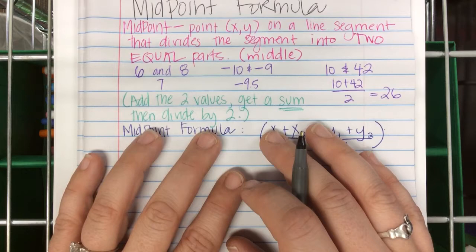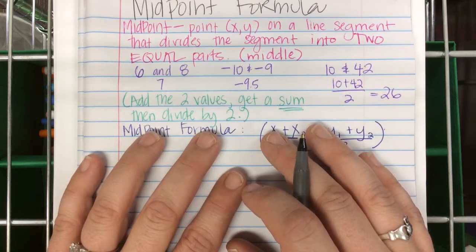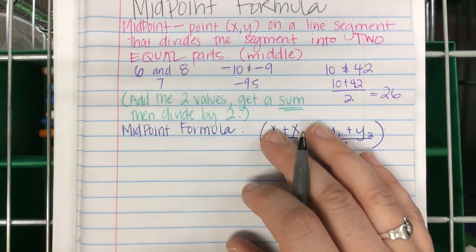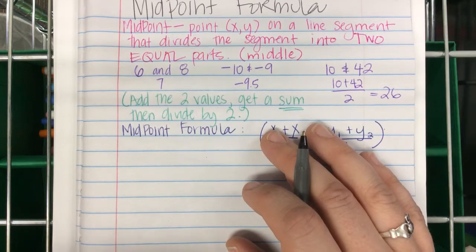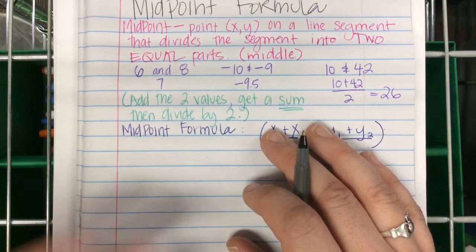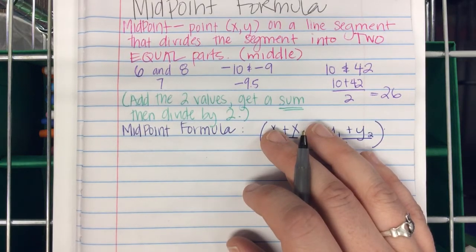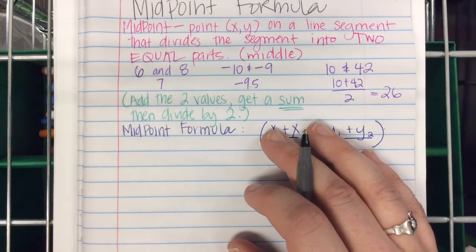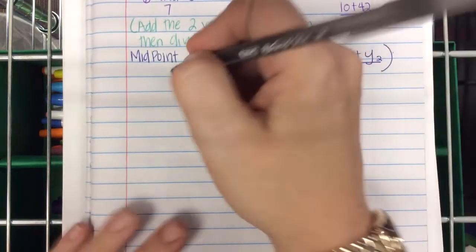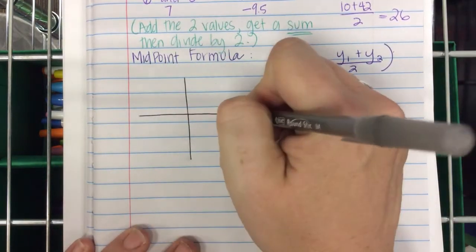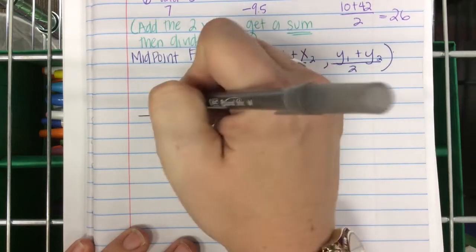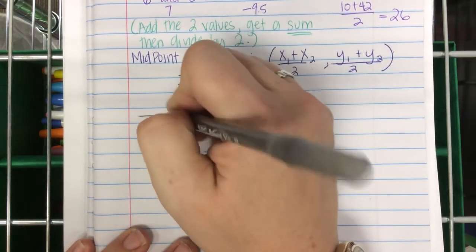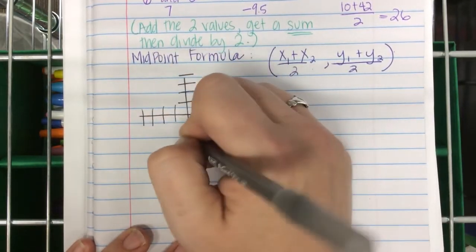And if you think about the average, that means add them together and divide by how many there are. Midpoint is the average. Slope is the change. And if you're looking for how much something changed, you subtract. Let's draw a quick graph. I'm doing 4 on each side.